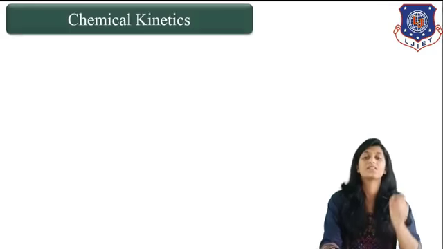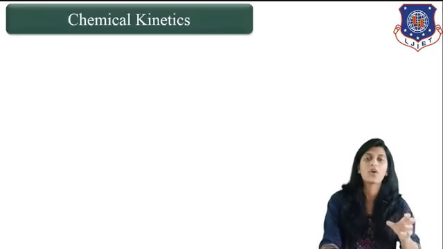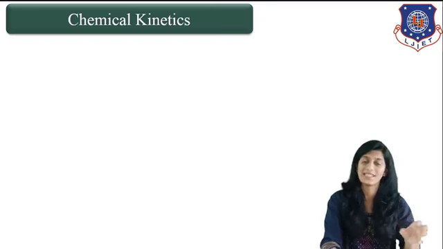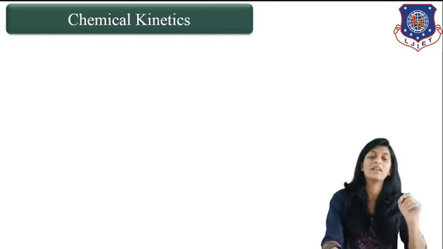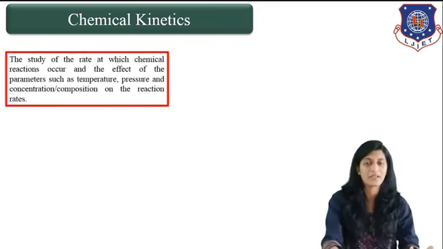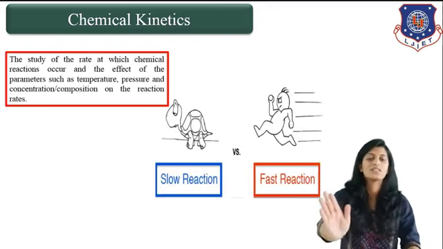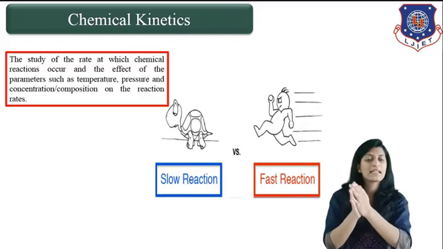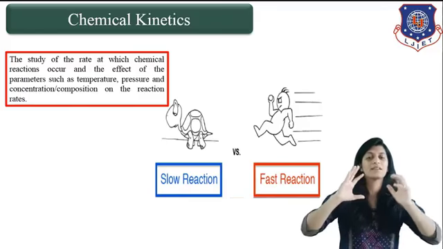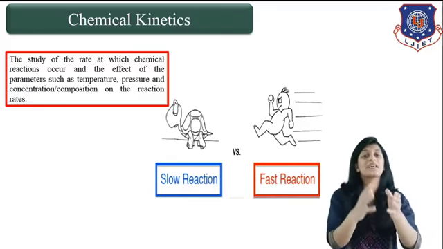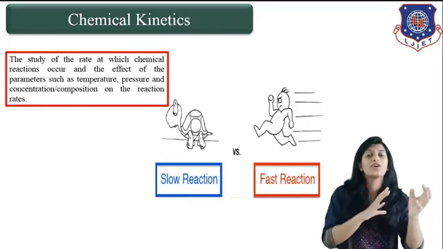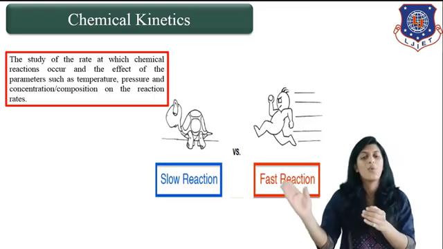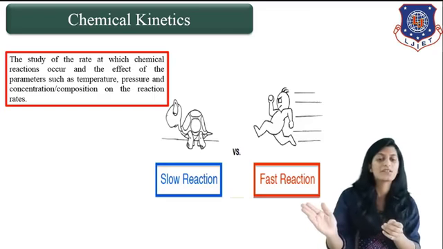Now the next thing, which is a very important terminology in chemical reaction engineering or CRE, is chemical kinetics. So what is chemical kinetics? Just look at this figure. Looking at this figure, one thing comes to mind: chemical kinetics is something associated with speed, right? One is a slow reaction, another one is a fast reaction.